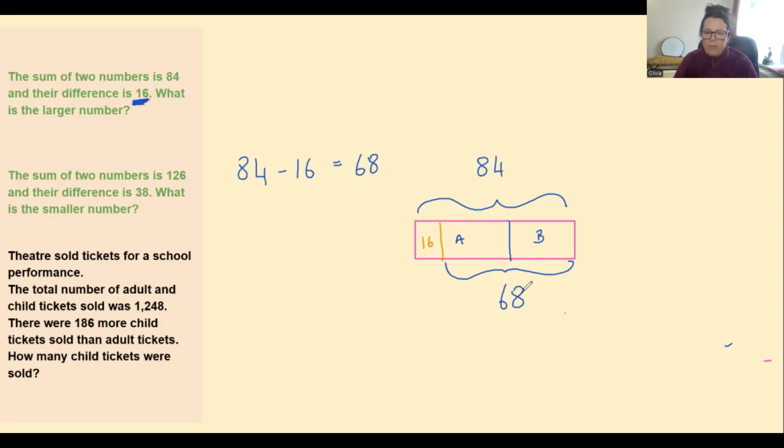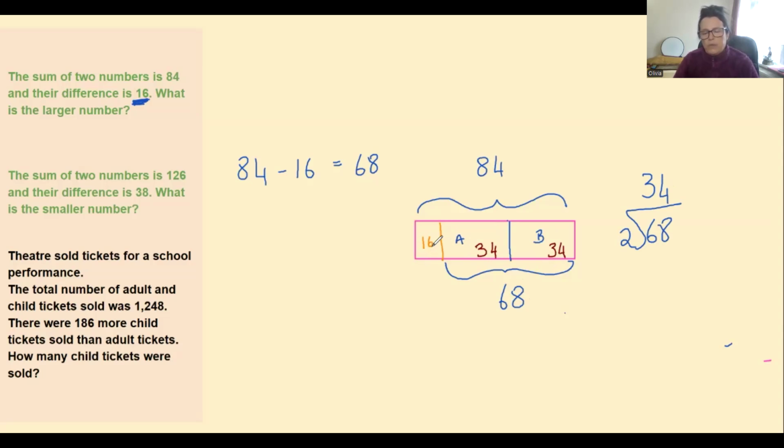If added together they make 68 and the two of them are of equal value, let's divide 68 by 2, which gives me 34. That means that A is 34 and B is 34. But A is actually 16 more.